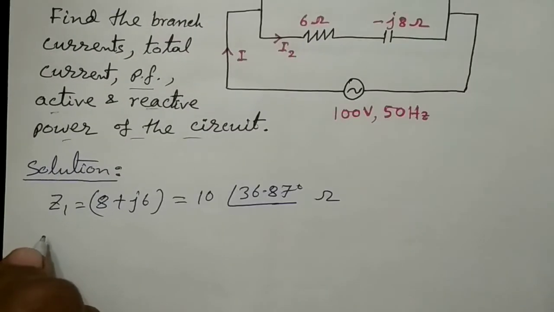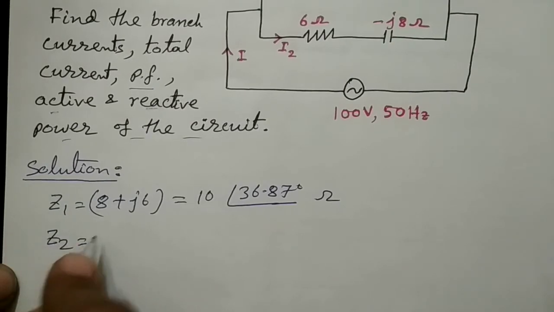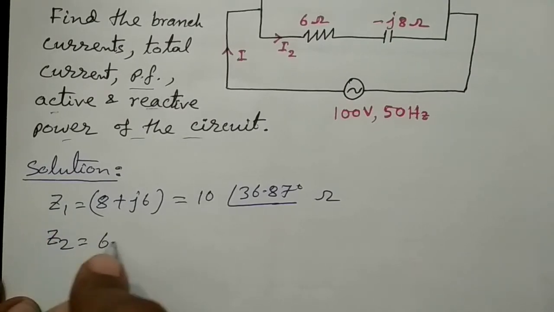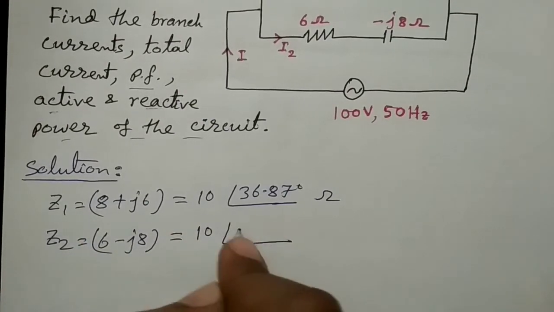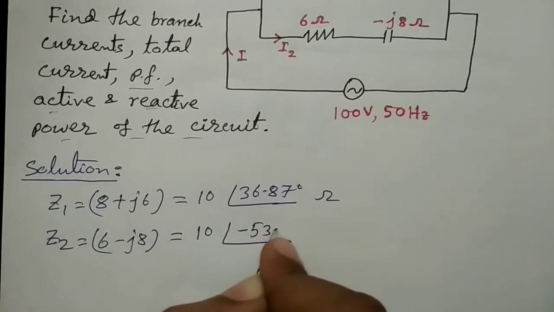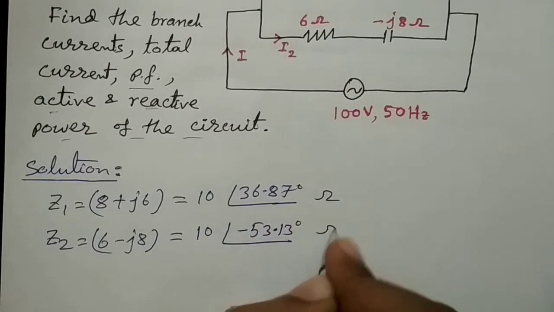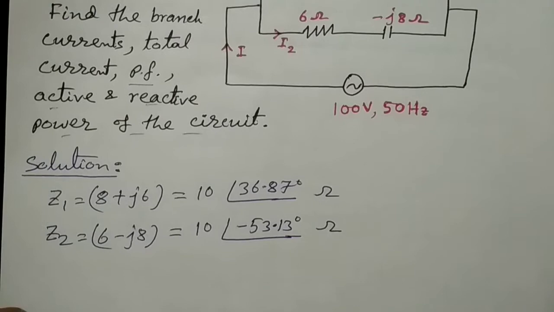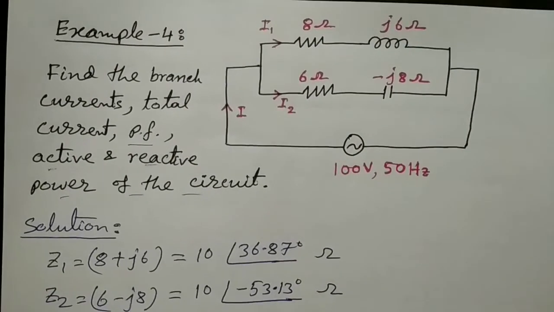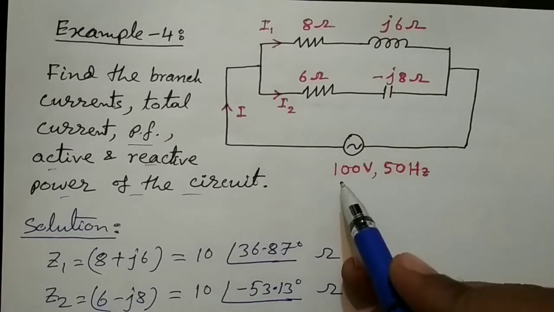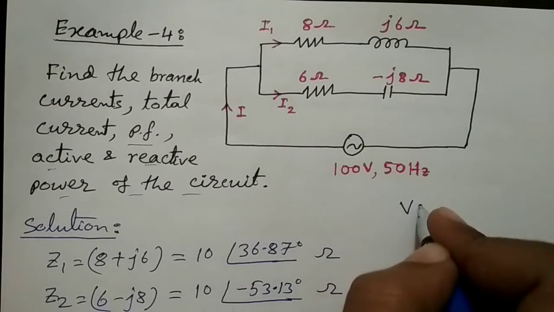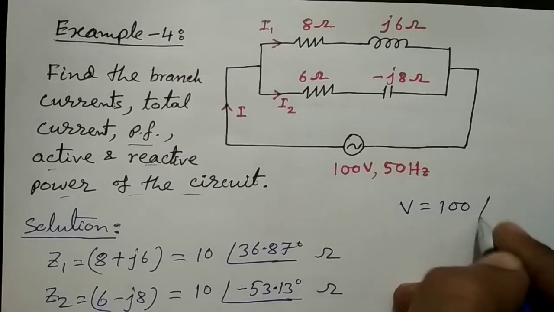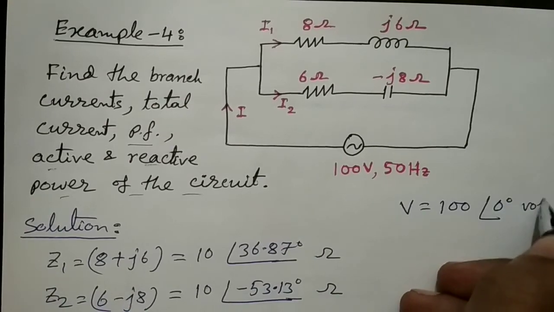The impedance of the second branch is 6 minus j8 and its polar form will be 10 angle minus 53.13 degree. As these two branches are connected in parallel across a supply voltage of 100 volt, the supply voltage can be considered as 100 angle 0 degree.